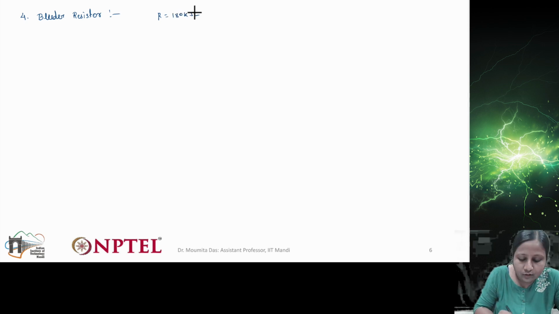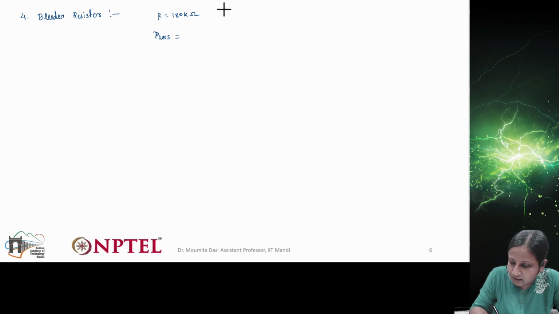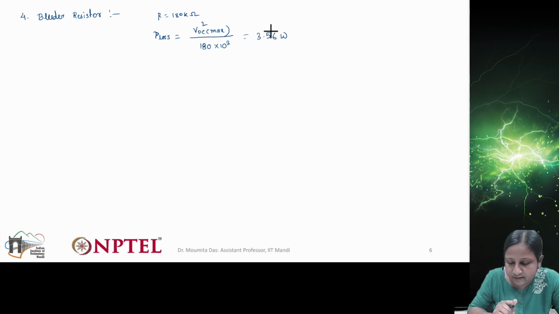Now if we try to find the power loss in this resistor, how much do we get? The power loss is VDC, let's say maximum, squared by R, which is 180 kilo ohm. We get a power loss of around 3.56 watts. So this is low loss, and we can select this resistance.